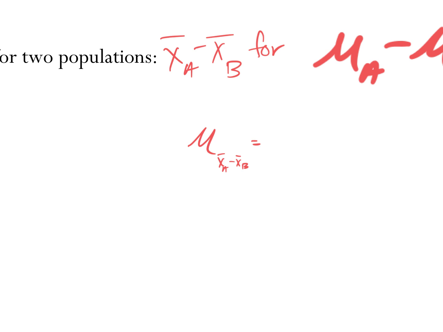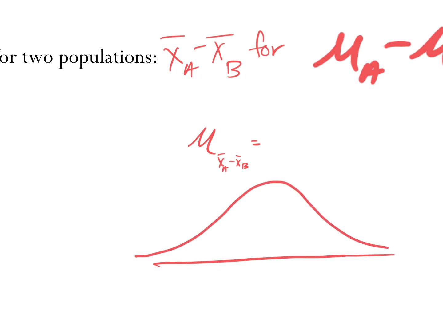Like I draw a picture, and this is the distribution of X bar A minus X bar B. Let's say I know mu A equals 21 and mu B equals 18. This center is 3, and I talk about this one point right here. That point represents one number comprised of the means of 2 samples being subtracted.